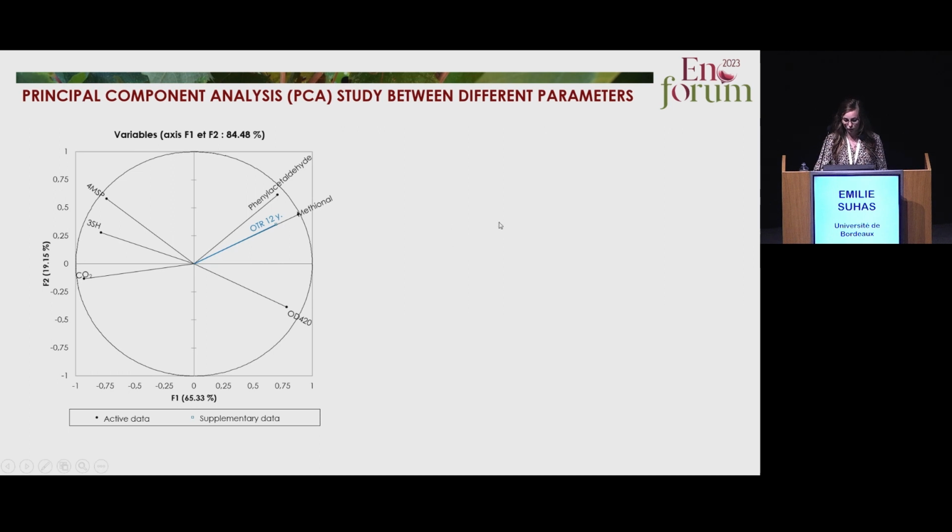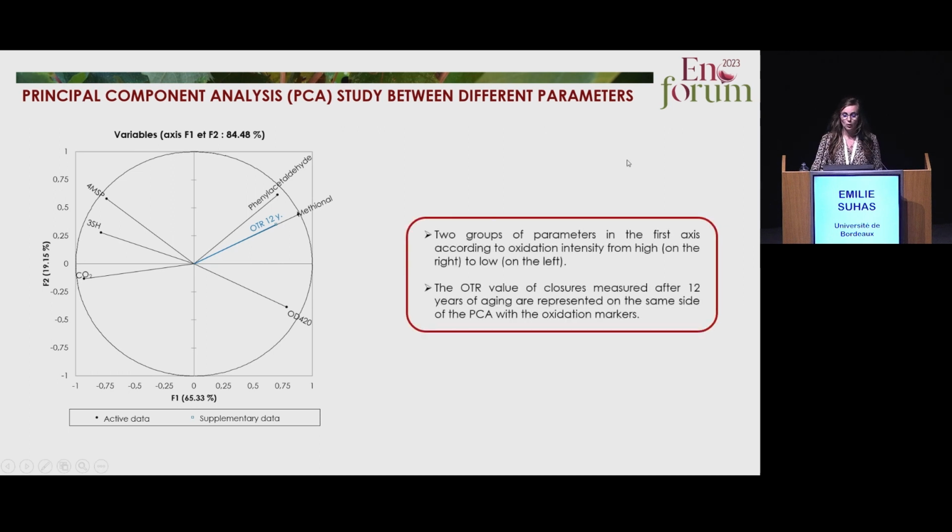There's over 60% for the horizontal axis, and then you see the readings for the vertical axis, plus 70%. This chart is showing 2 different groups of parameters. On the right hand side you have the parameters associated with oxidation, and on the left hand side you have the parameters associated with the quality of Sauvignon.